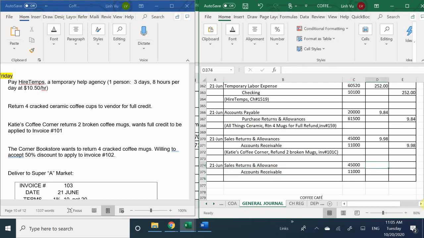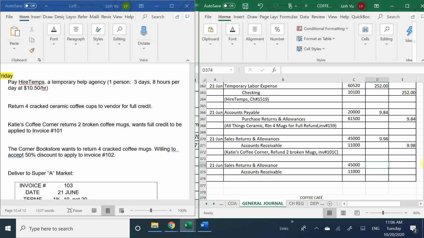Okay. So because we sold each cup to our customers on account, because we're a wholesaler, we sell it for $4.99 a cup. So how much is it going to cost me to calculate a 50% refund for 4 cracked mugs?